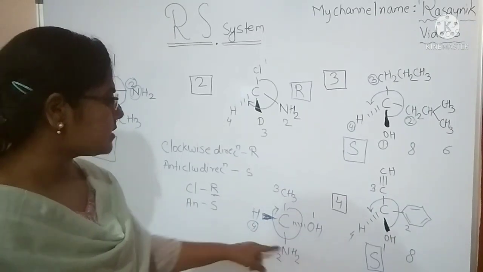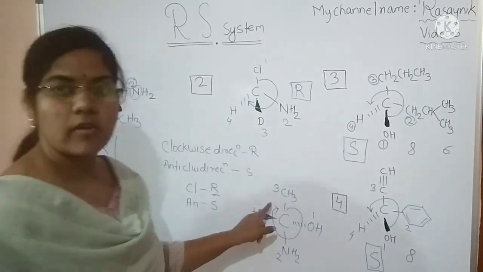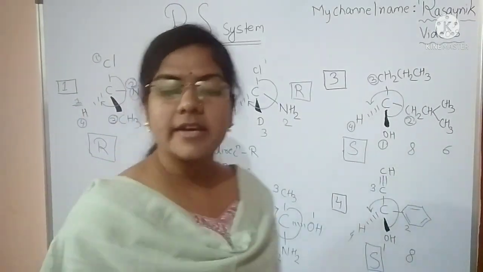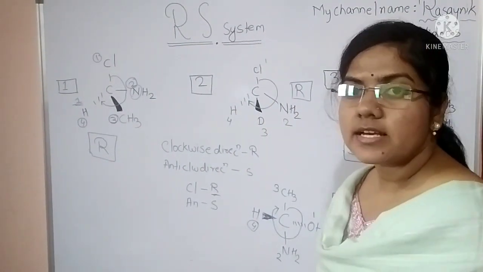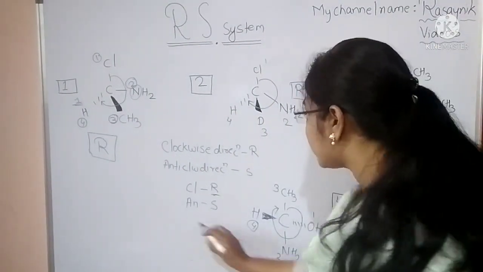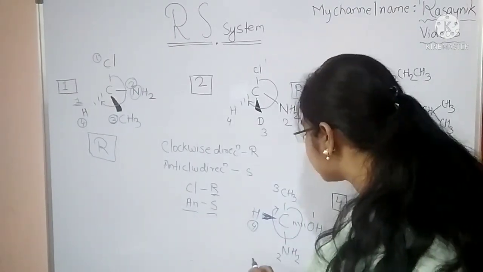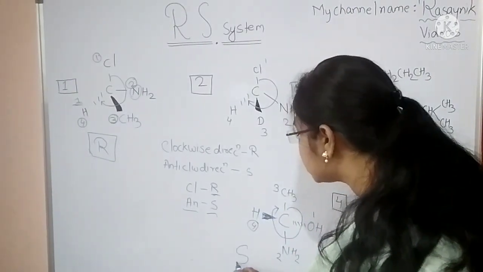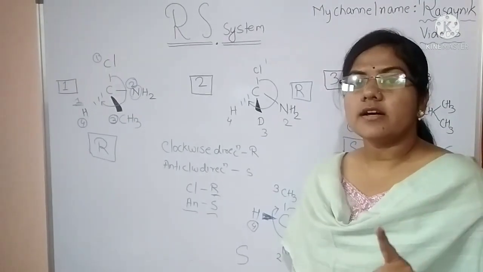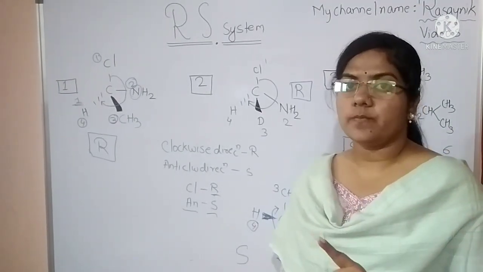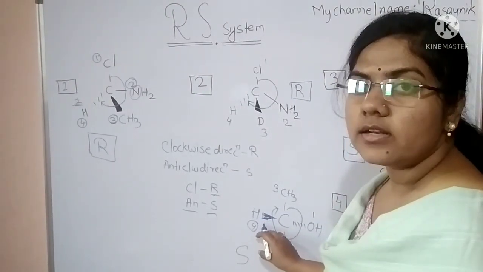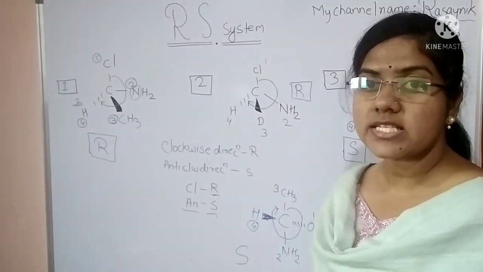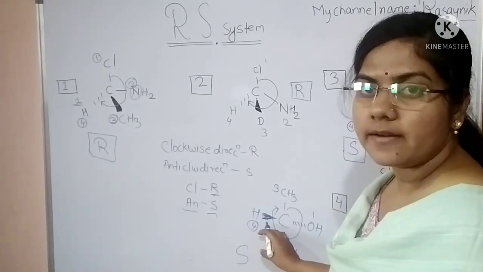This is anti-clockwise direction, and in anti-clockwise direction, what will be the answer? S configuration. But our lowest priority group is on the above side, that is, on the wedge line.